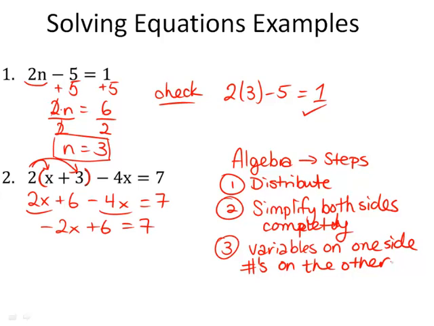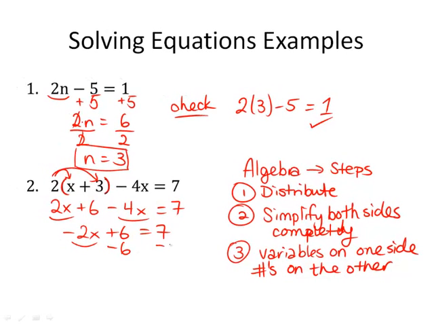And you can use the addition and subtraction property to do that. Here, let's keep the x term on the left side, and let's move the 6 over. So we subtract 6 from both sides. We've got negative 2x equals 7 minus 6, which is 1.